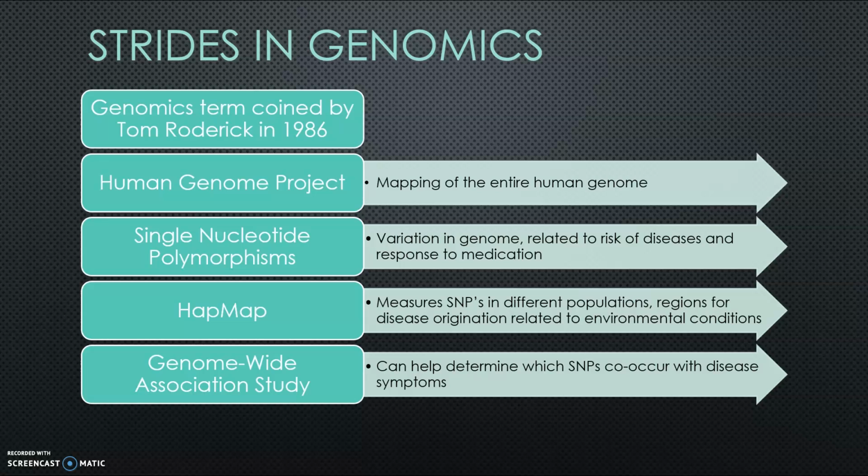So let's look at a little bit of a timeline regarding genomics. The term genomics was coined in 1986. Since then, the Human Genome Project was undertaken, and they successfully managed to map out the entirety of the human genome. Some successful things that have come from that since are the understanding of single nucleotide polymorphisms.